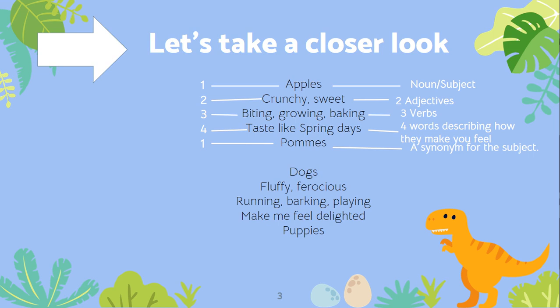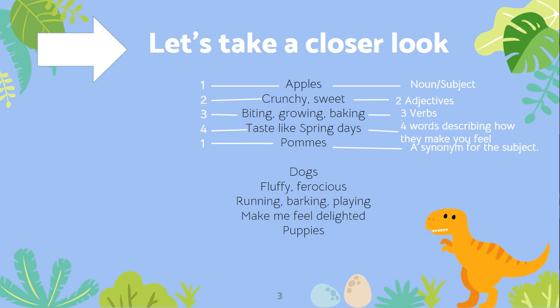Then we have line 3, where you need 3 words. So you can kind of see a pattern. Line 1 is 1 word, line 2 is 2 words, line 3 is 3 words, and you need 3 verbs. So for apples, we have biting, growing, baking. So you can bite an apple, you can grow an apple, and you can bake apples in a pie, or you can just have actually baked apples, which are delicious.